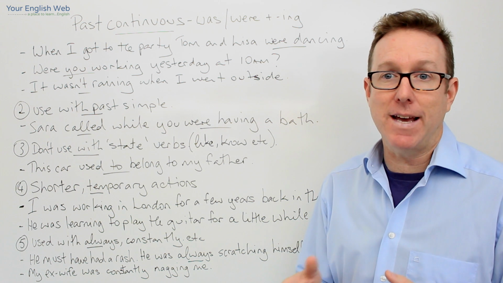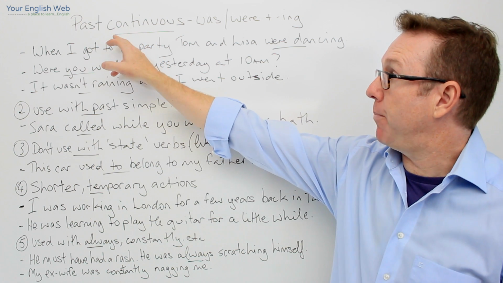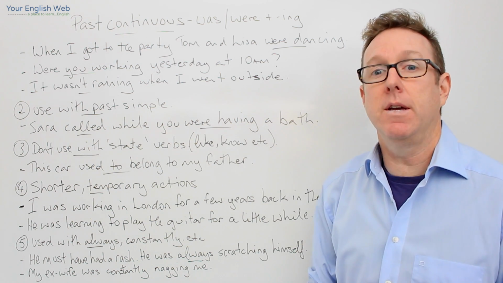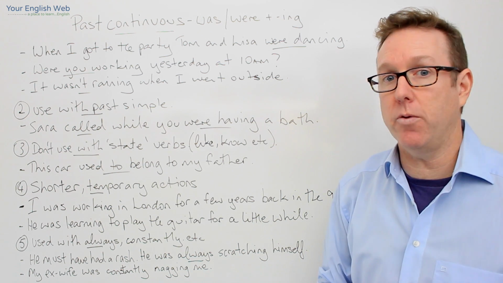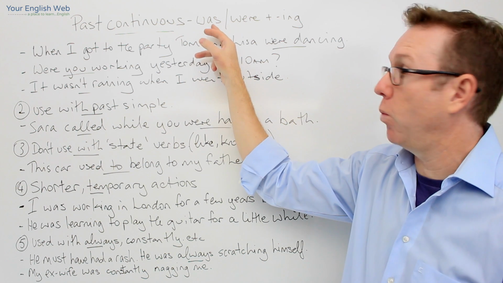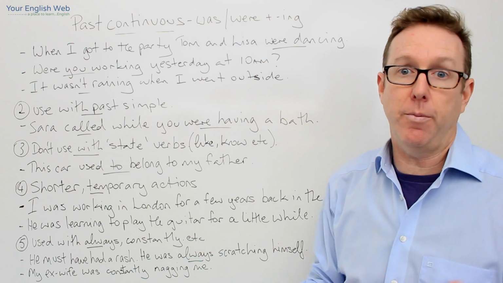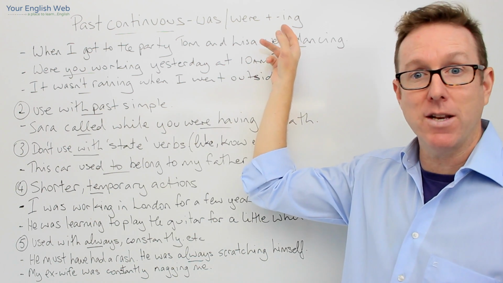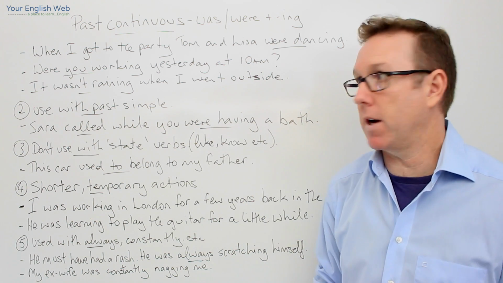Now, as I said, today's lesson is focusing on the past continuous tense, or the past progressive tense as it is also known. And the past continuous tense is was or were, the past of to be, plus the ing present participle structure.